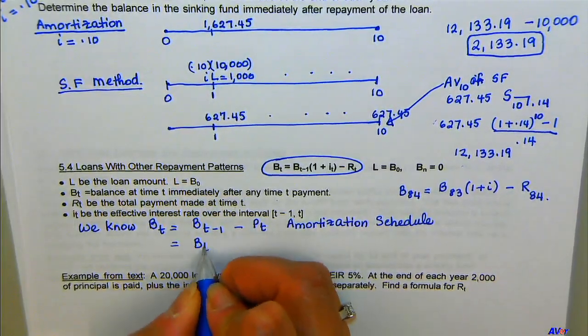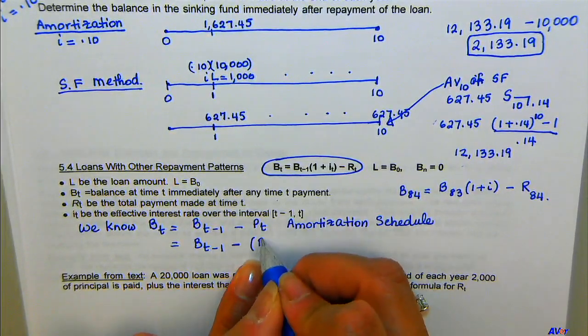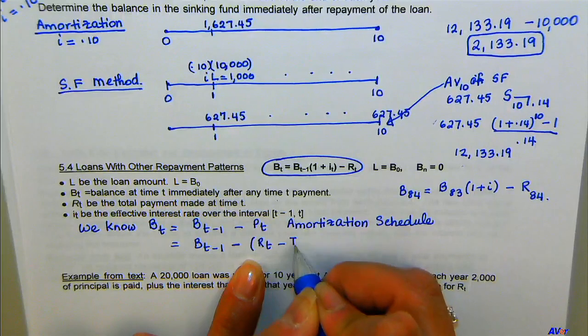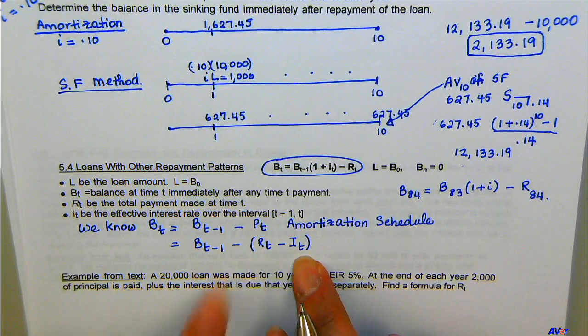So balance at t minus 1 minus P of t can be replaced by R of t minus I of t, because we know that the total payment is made up of the principal payment plus the interest payment.